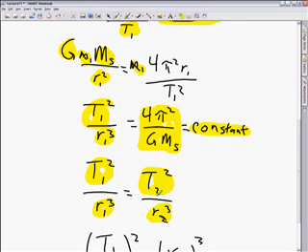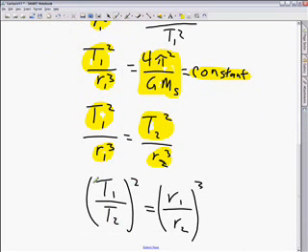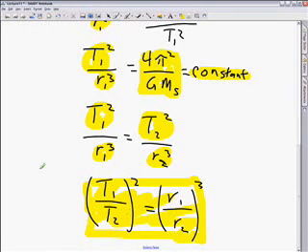Okay? And just moving that around a little bit, we get Kepler's third law. So on this side, we have the ratio of the periods of two different objects orbiting around one sun. And on this side, we have the ratio of their distances away from that sun.